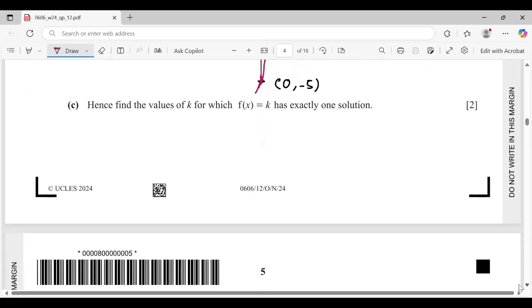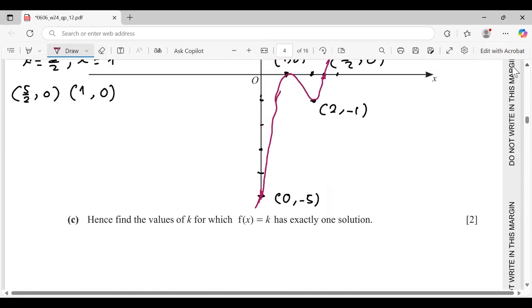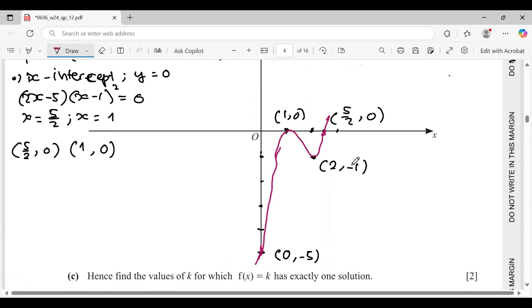Next question: hence find the values of k for which f(x) equals k has exactly one solution. If you look at this graph, there are two possible cases where f(x) equals k has exactly one solution.